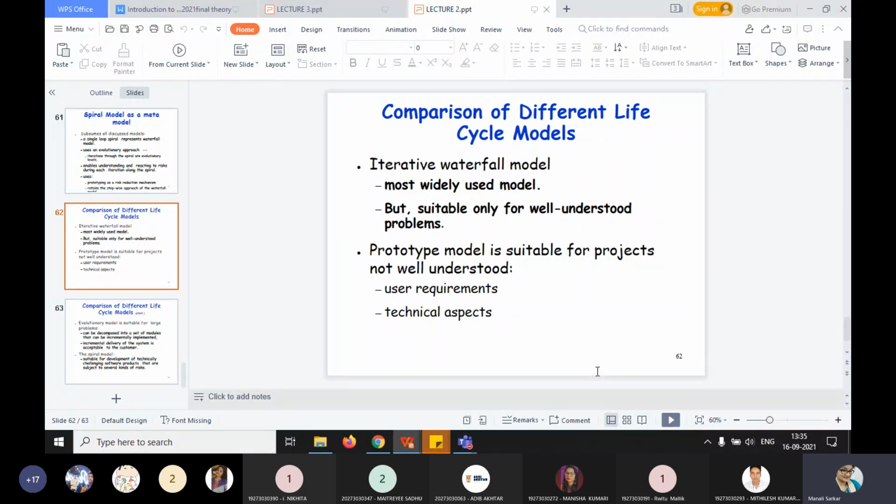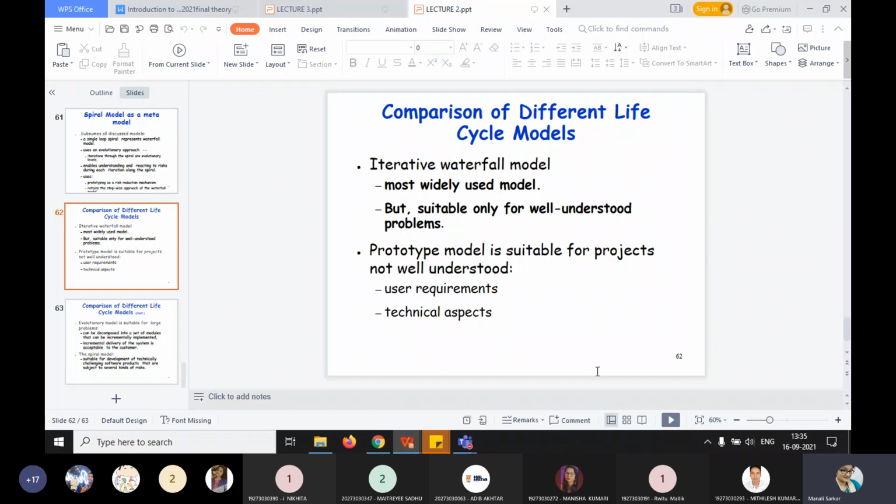See here, the iterative waterfall model is the most widely used model and it is suitable only for well understood problems. So if your problems are very simple and easy to understand, we will use the iterative waterfall model.